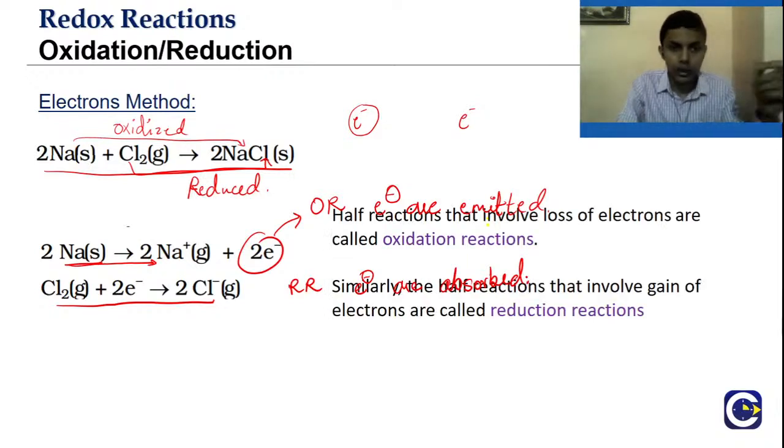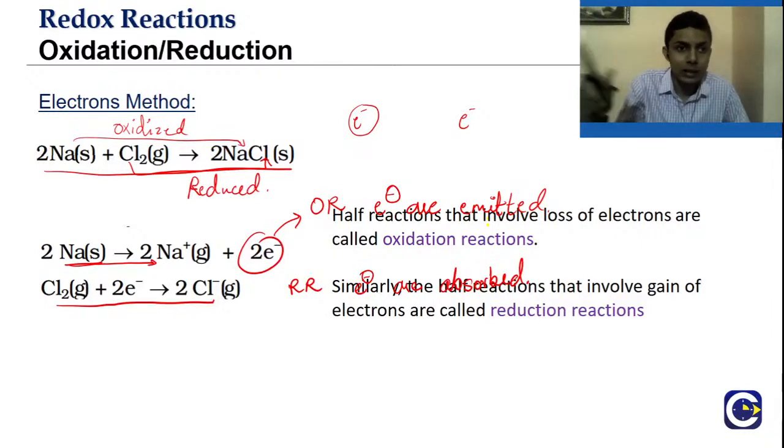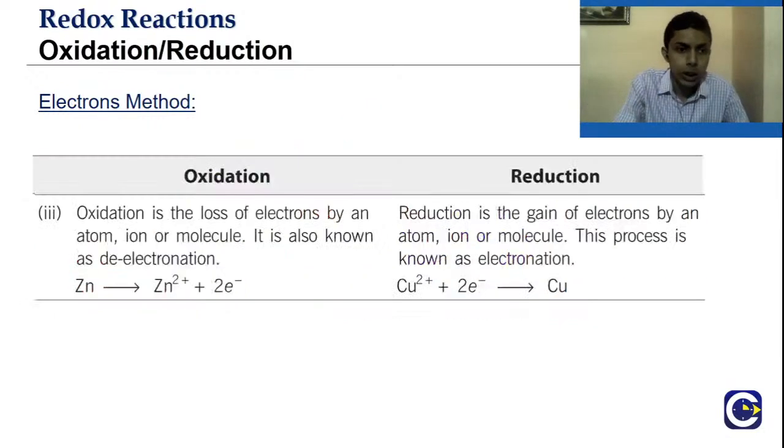The half reaction that involves loss of electrons is called the oxidation reaction. Similarly, the half reaction that involves gain of electrons is called the reduction reaction. Wherever there is gain of electrons, it is reduction. Wherever there is loss of electrons, it is oxidation.